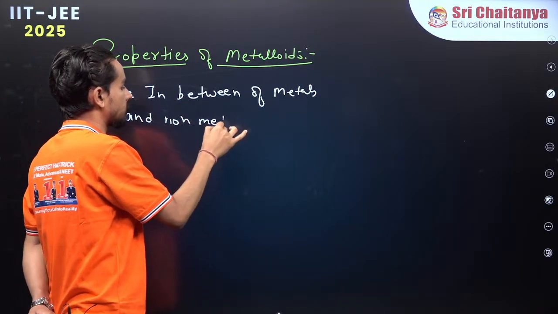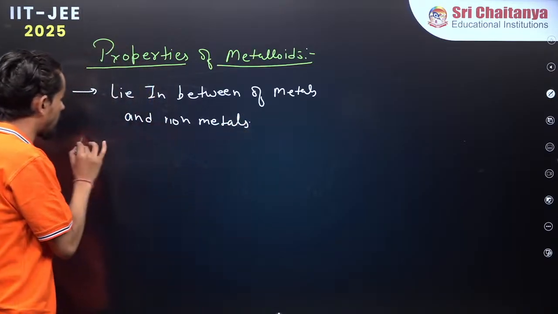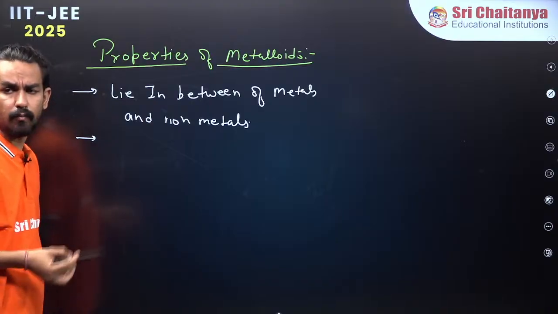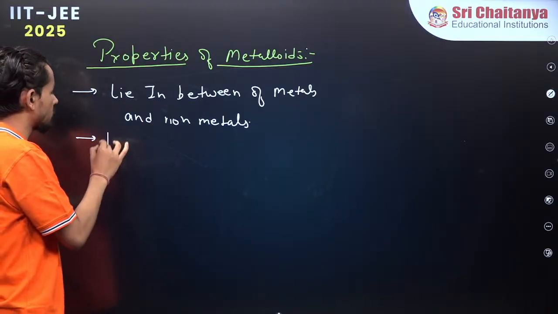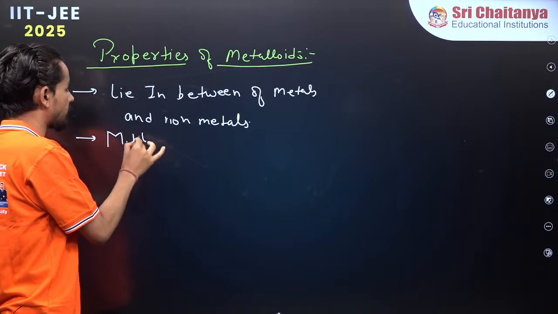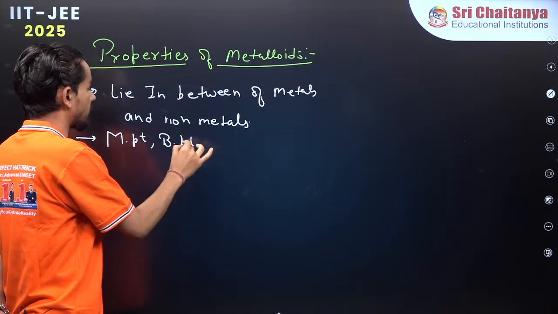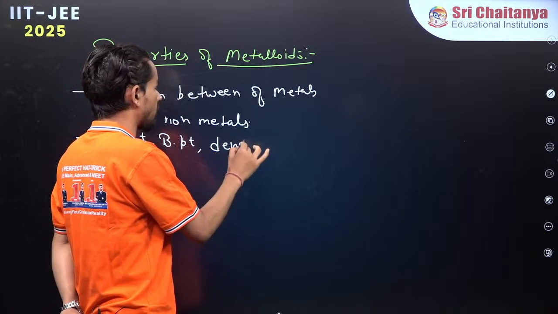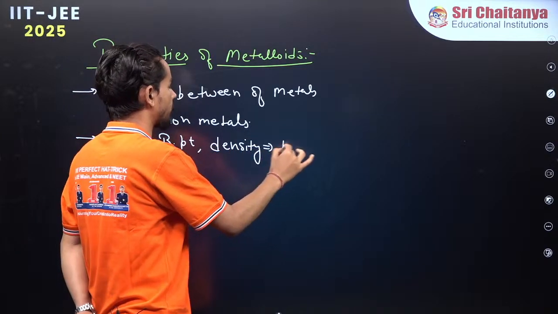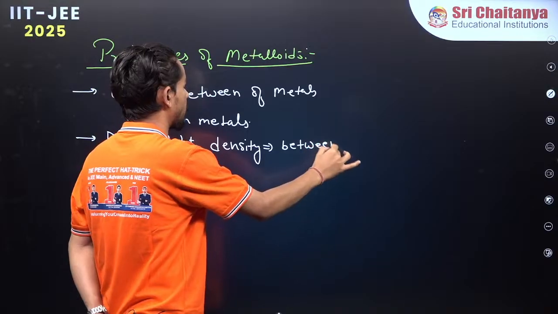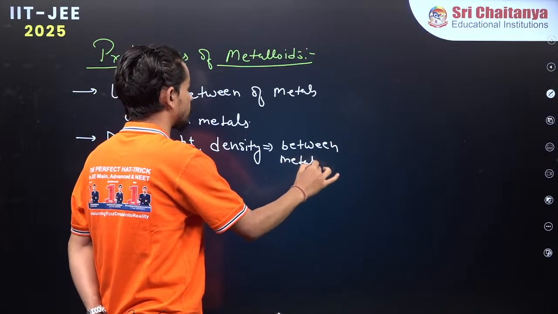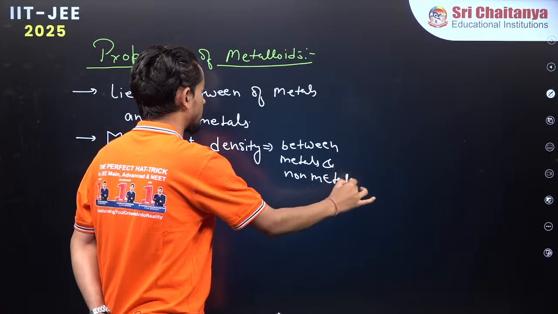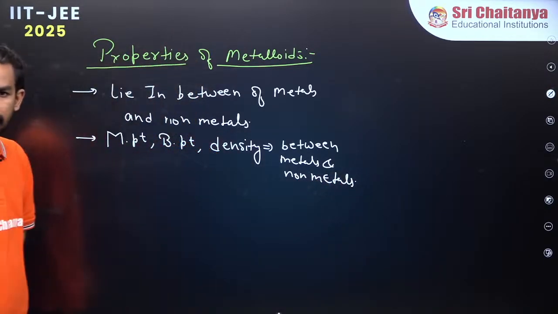Apart from that, they also have moderate density, moderate melting and boiling point. All of this, melting point, boiling point, and density, lies in between metals and non-metals. That's it. Between metals and non-metals they lie.